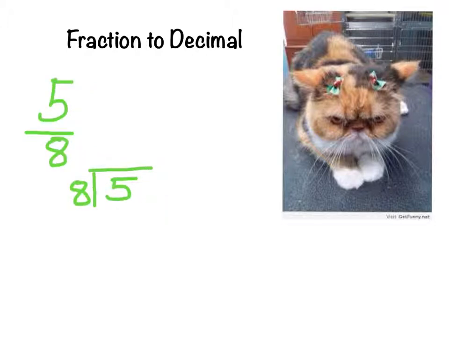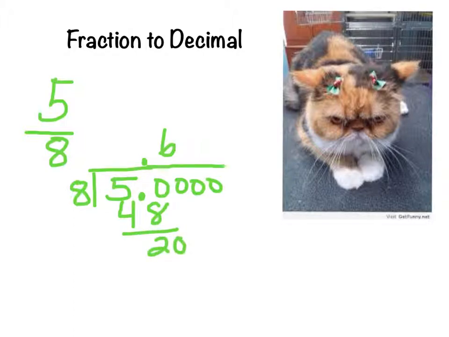To start this division problem, you're going to need to add a decimal point, and I like to add a whole bunch of zeros. By adding those zeros, it doesn't change the value of the number. Bring your decimal point straight up, and now divide regularly. 8 doesn't go into 5, but 8 goes into 50 6 times. 48, subtract, I get 2. 8 goes into 20 2 times. 16, 4, bring down my next 0. 8 goes into 40 5 times.